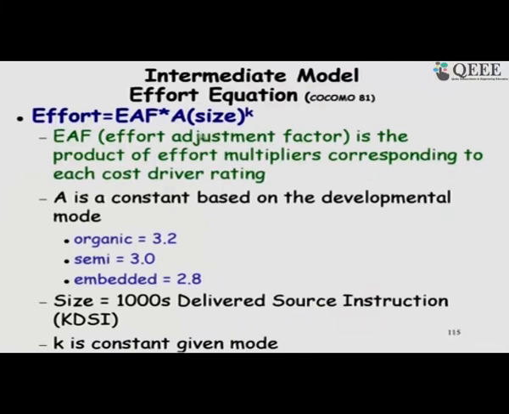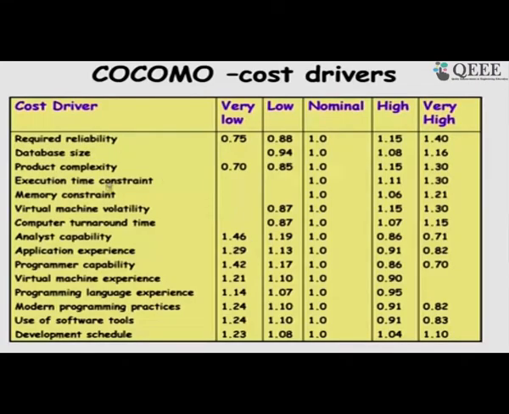Once we get the basic COCOMO result, we just multiply the adjustment factor here to get the actual effort in the intermediate model. So, these are the cost drivers, and for each one we need to rate them on a scale of 5, and he gave those values here.